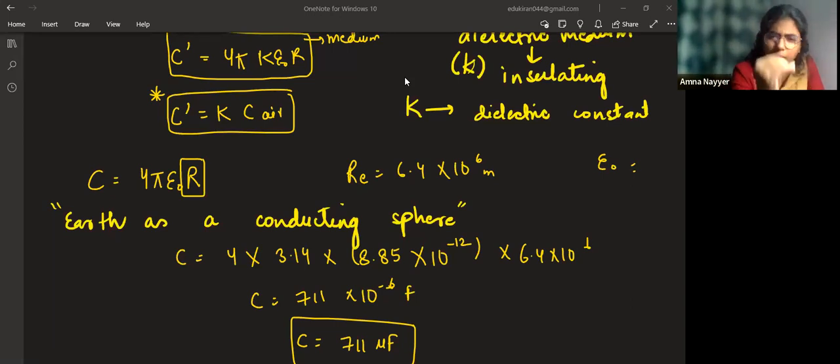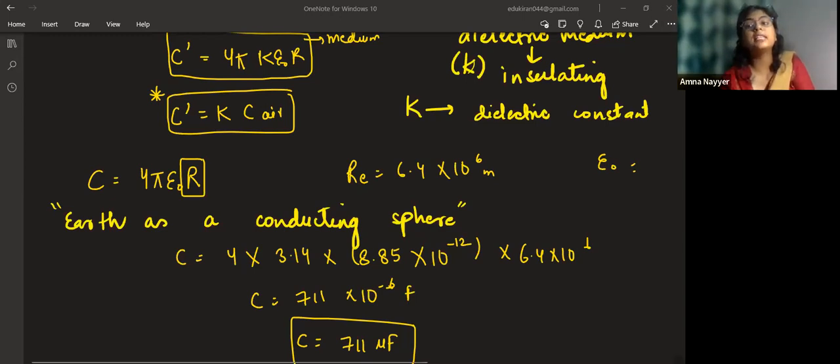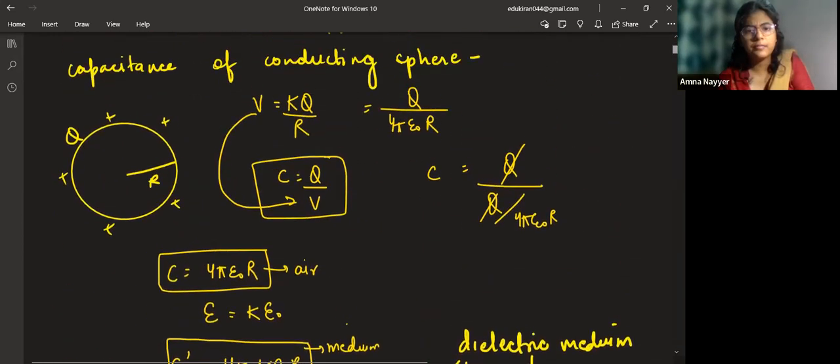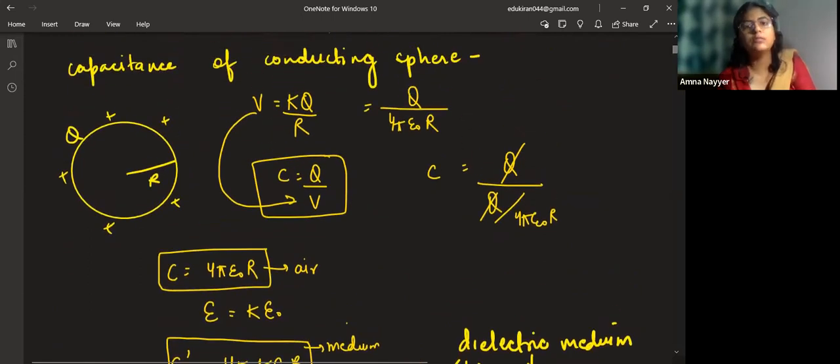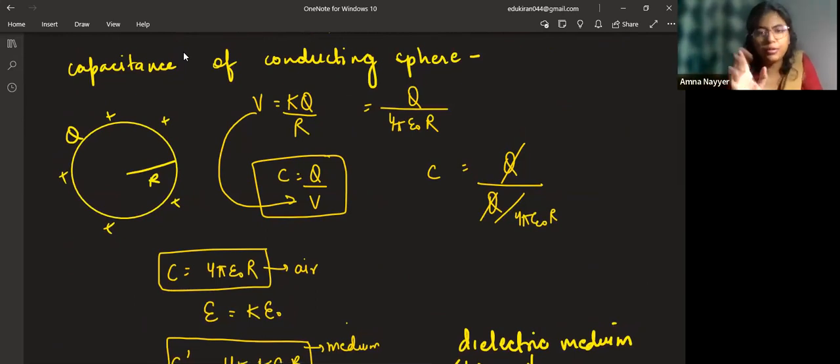So this is just a little extension. Otherwise, the main formula is C is equal to 4 pi epsilon naught R. And I hope by now you must be remembering this formula, because many a time it has been repeated. Note it down. Then we'll see the types of capacitors, and then we'll start with one of the types of capacitors. One only you have to do in detail.